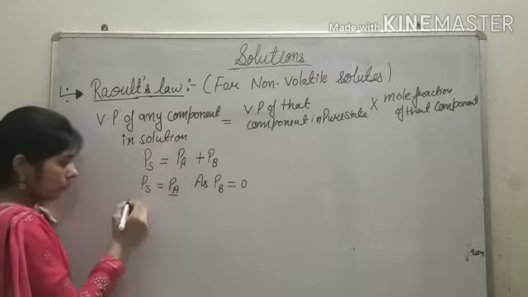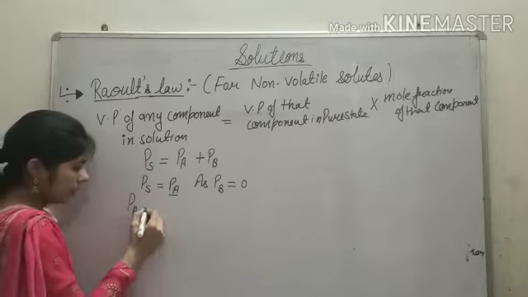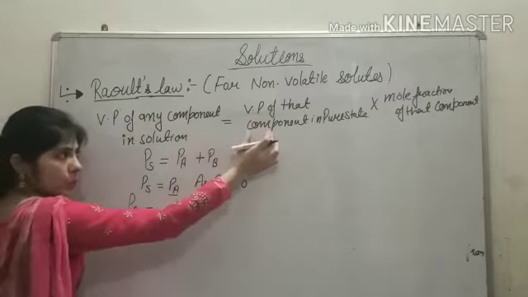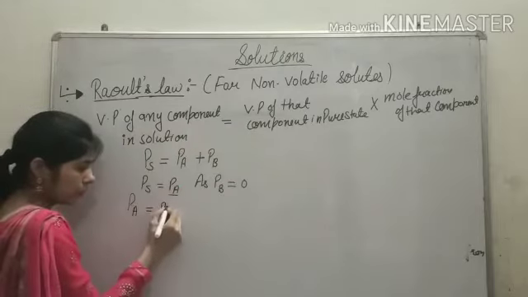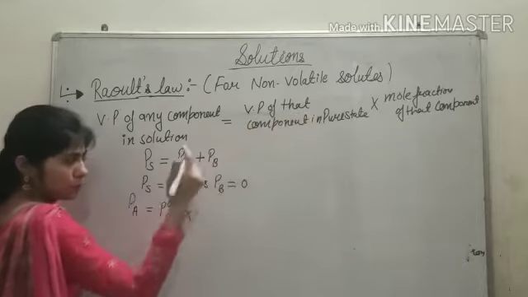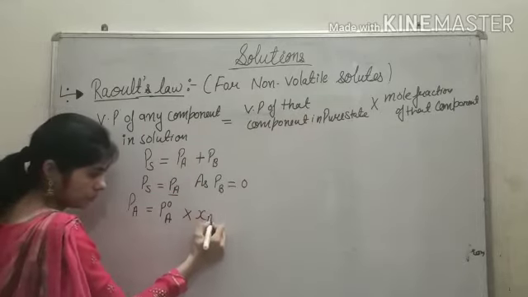So PA, the vapor pressure of component A, is equal to the vapor pressure of component A in the pure state multiplied by the mole fraction of that component.